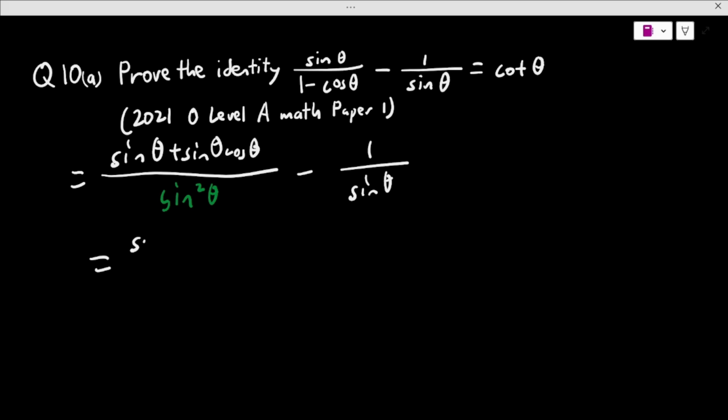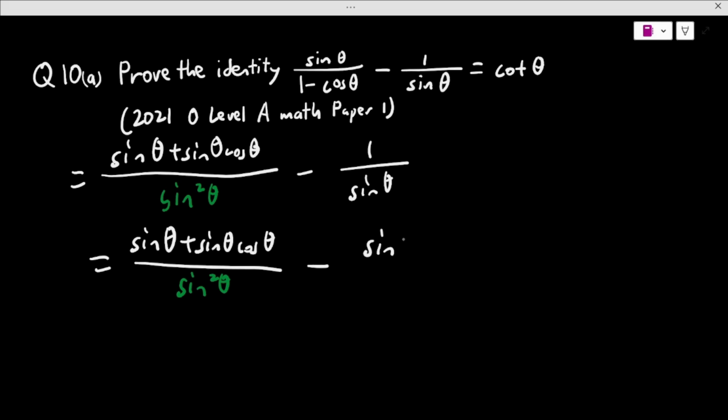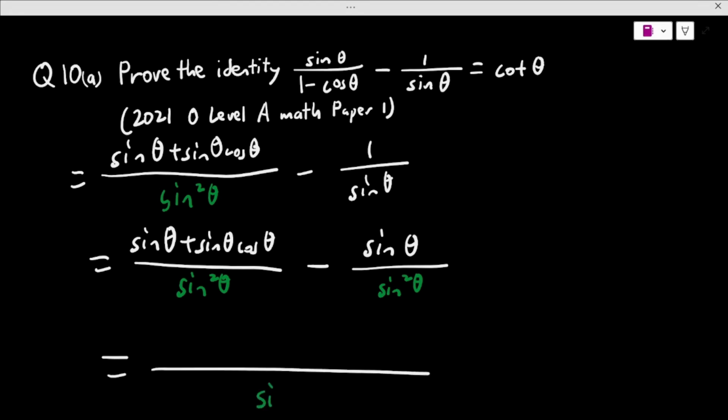This is equal to sine of theta plus sine theta cosine theta over sine square of theta, minus sine theta over sine square of theta. So we can combine these two fractions now because they have the same denominator, sine square theta. So it's going to be sine theta plus sine theta cosine theta minus sine theta.